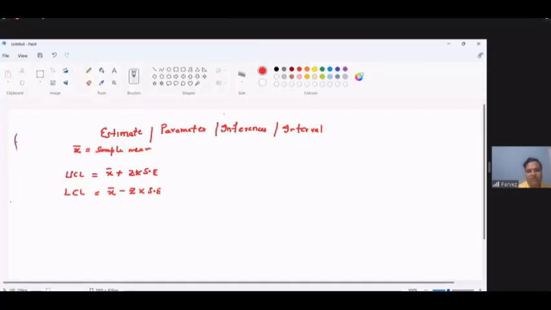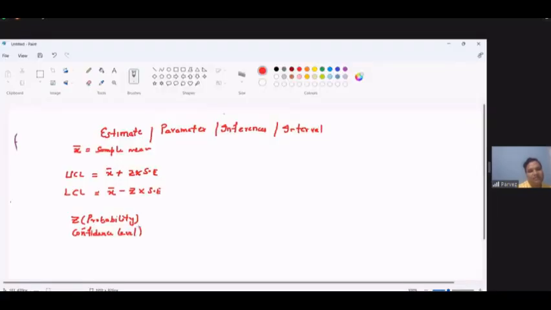Standard error, you know how to find out, right? Out of the 3 formulas, Z here is probability, also called the confidence level.